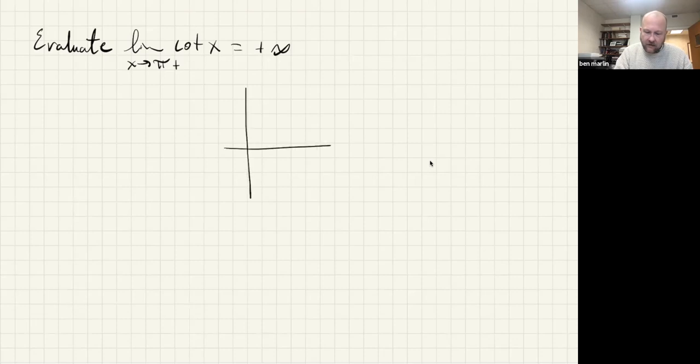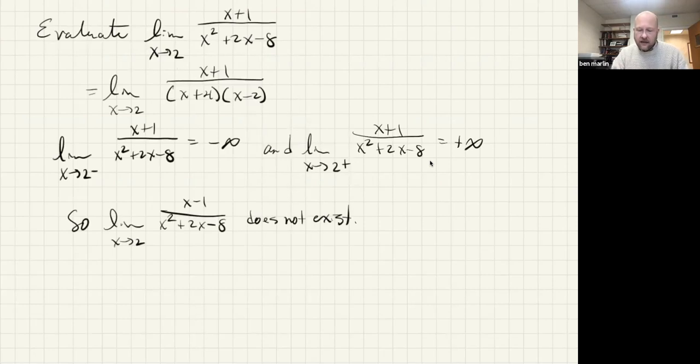We ought to give a little bit of a sketch of what's going on so that it's illustrating what is happening here. So x equals pi. And I'm going to go back on the previous one and give a brief sketch of what that looked like as well.